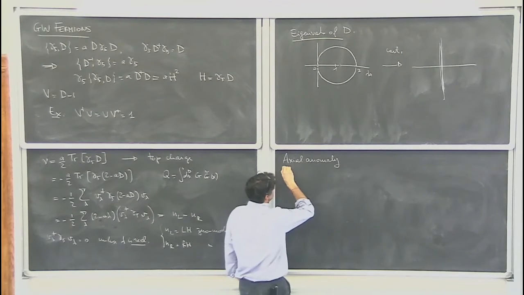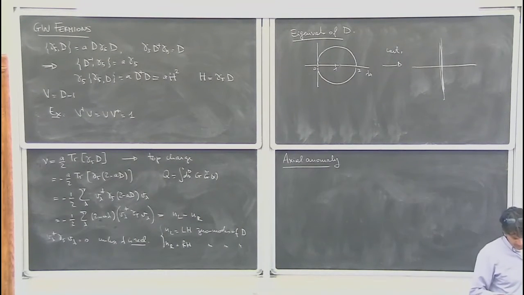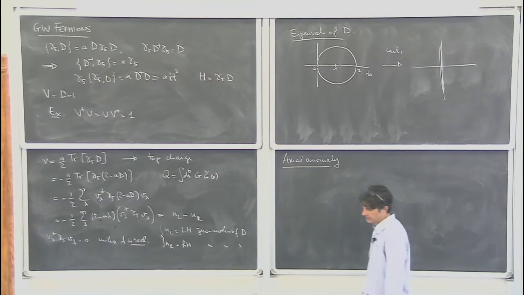So if you remember, in discussing symmetry transformations, at some stage I mentioned the fact that the measure in the path integral was invariant under chiral rotations. At that time we were talking about non-singlet chiral rotations, and we said that the measure in the path integral was invariant.